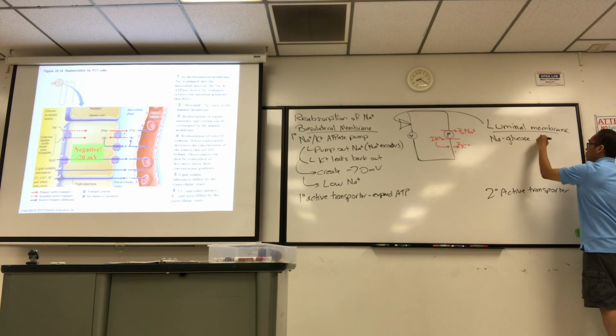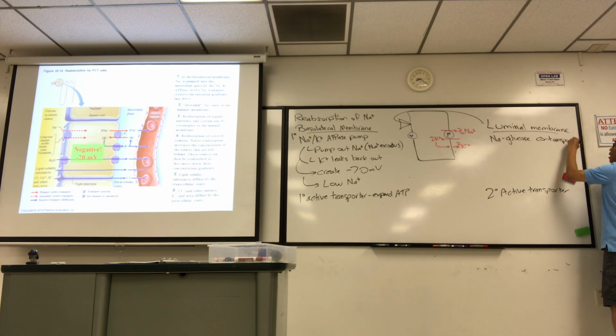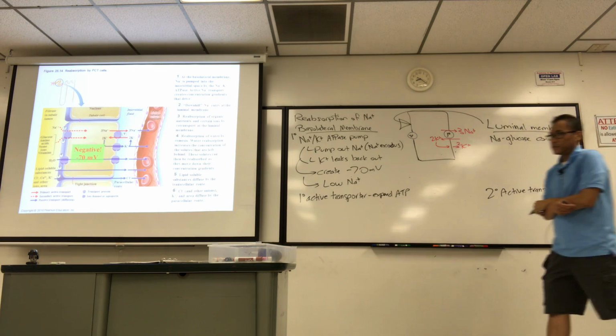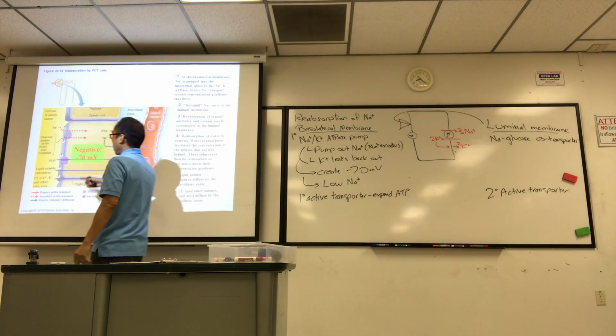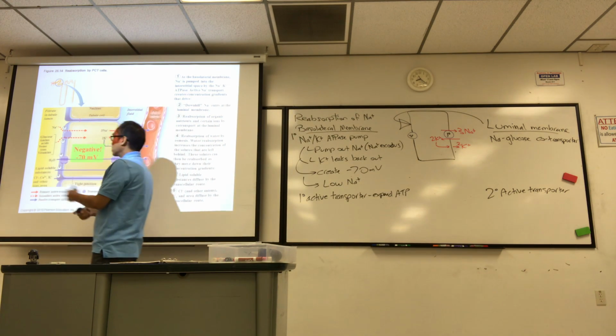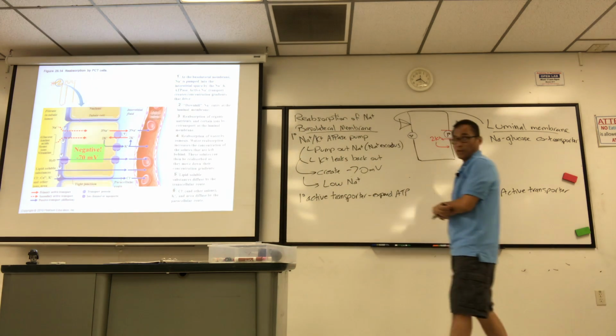Could be anything. On the figure, it says it's sodium, but it could also be glucose, amino acids, ions, vitamins, other things that you want to conserve and not lose to the urine.